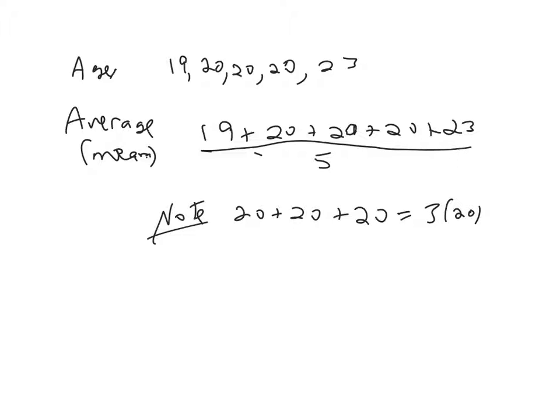So even though in this case it doesn't really speed things up very much, I could have done 19 plus 3 times 20 plus 23 and then divided that by 5. So that idea that when you add the same number over and over again, it's the same as multiplication, it doesn't have a lot of payoff when there's only 3 of those numbers, but when you have a lot of them, thinking of it that way can actually speed things up quite a bit.